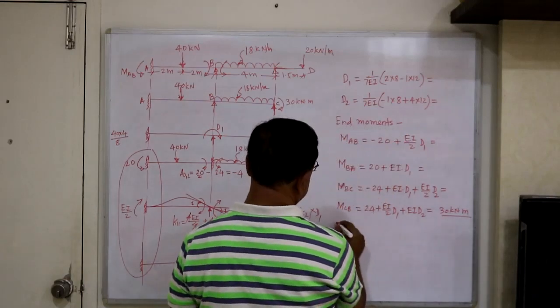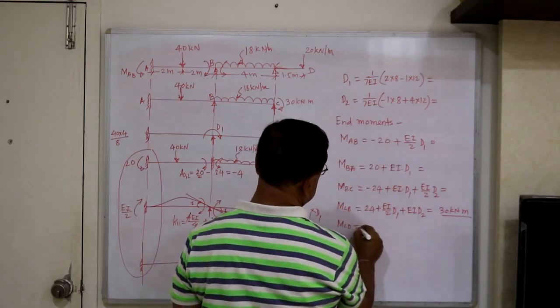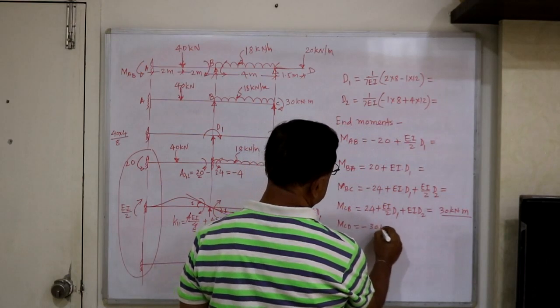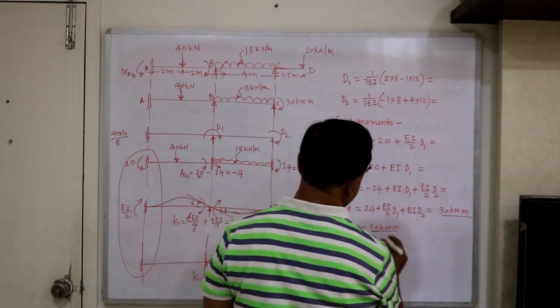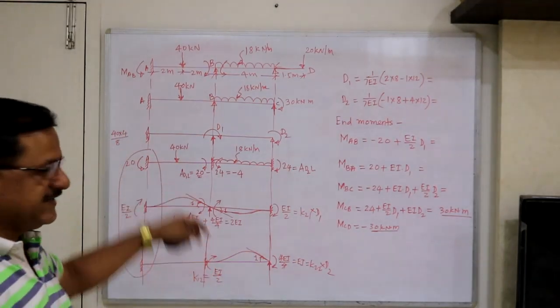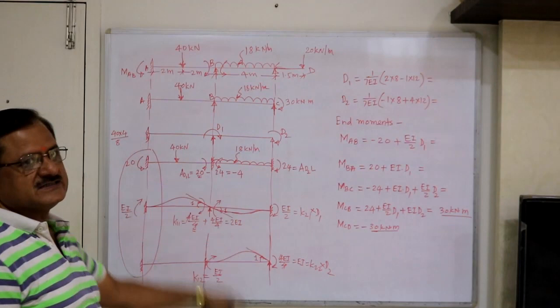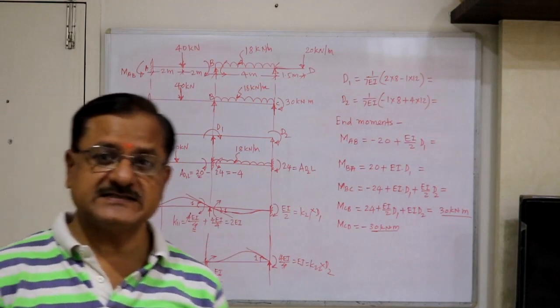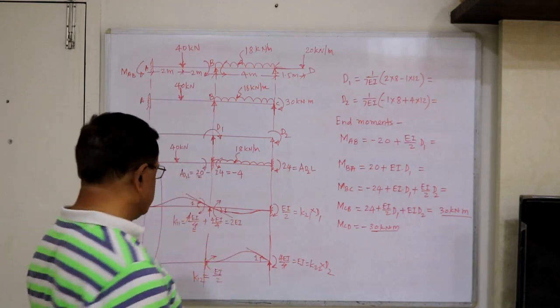And the MCD, that way that we know, minus 30 kilonewton meter. Now with these values, knowing these end moments, we can draw BMD. If you want to draw shear force diagram also, find out the reactions and construct SFD also.